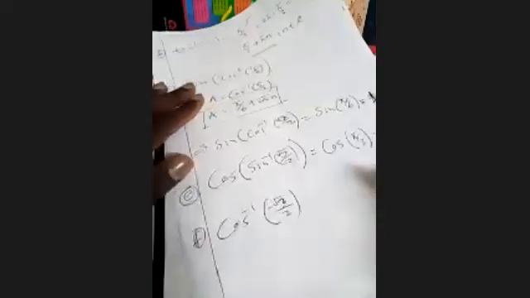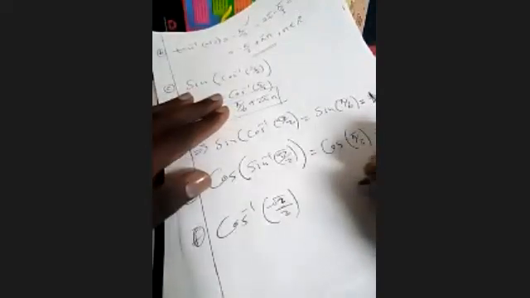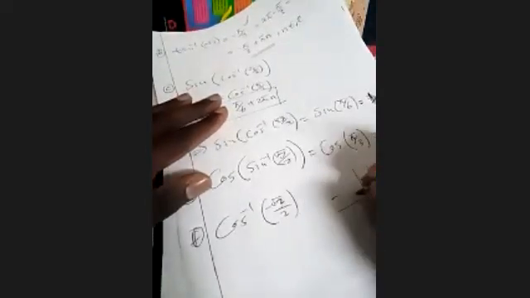in what quadrant is cosine negative? So it's actually in the second and fourth, right? So we know that cosine is negative here and there. No, it's actually here, right? Here and there, I think.